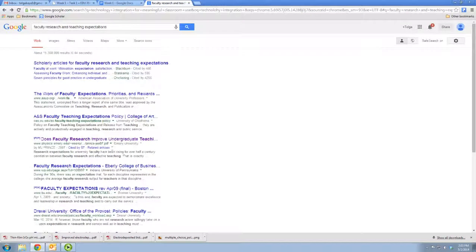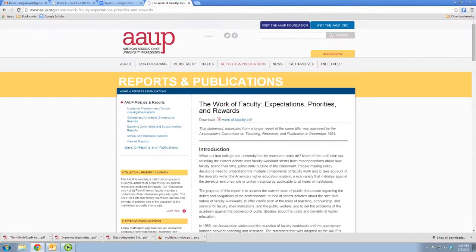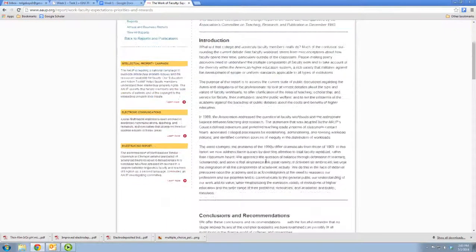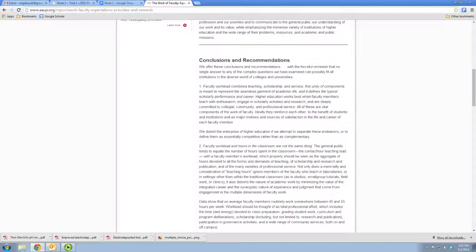Teaching expectation. The work of faculty, expectations, priorities, and rewards. Faculty workload and hours in the classroom are not the same thing.